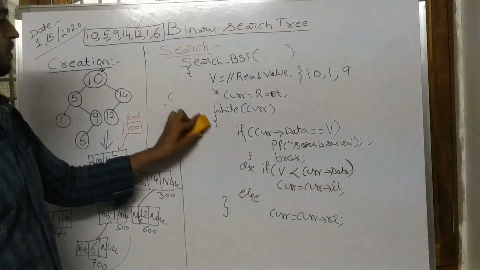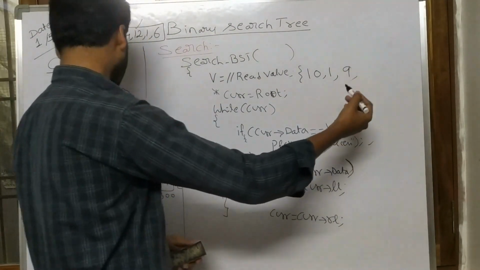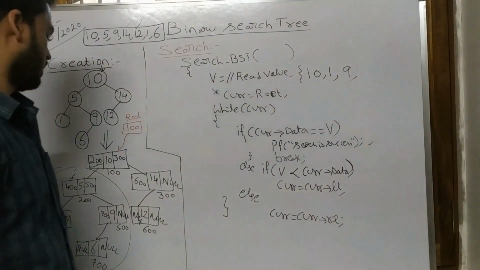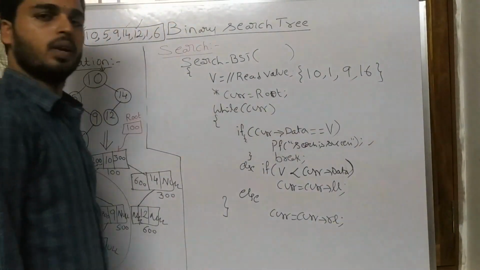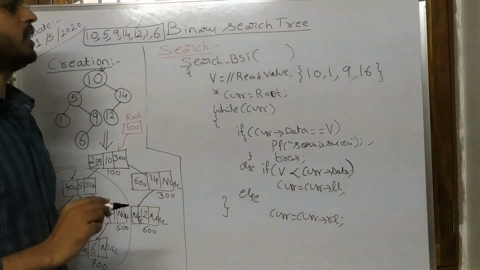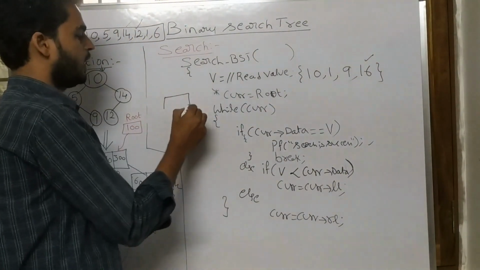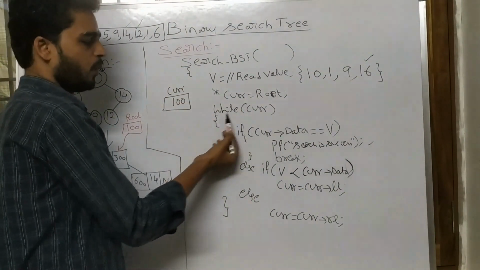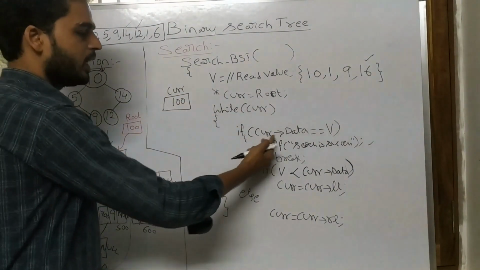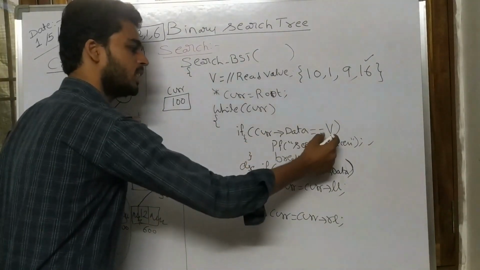That's it. Now for example, I am taking some value which does not exist in the binary search tree. For example, I am taking 16. Then what am I going to do? I have read the value 16. I am going to create one current pointer with address 100. 100's data is 10. 10 double equal to 16?